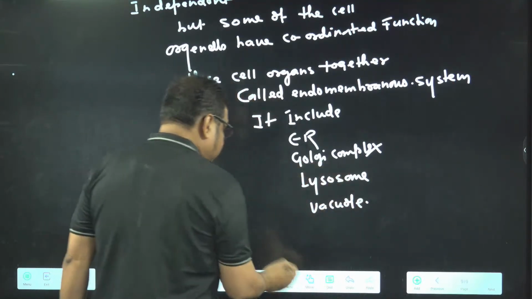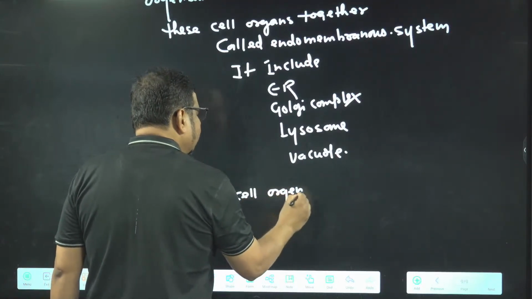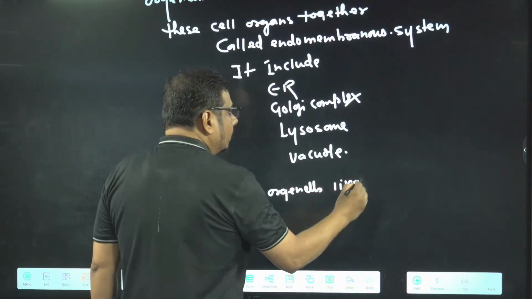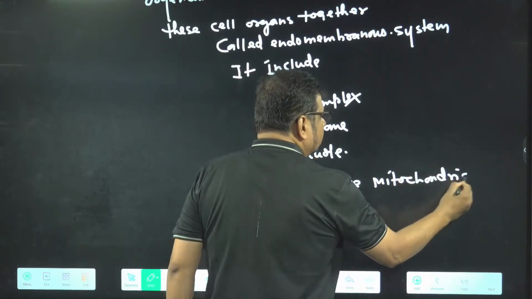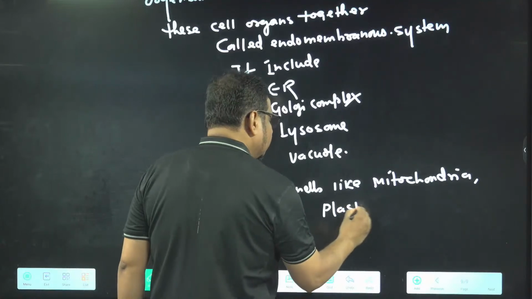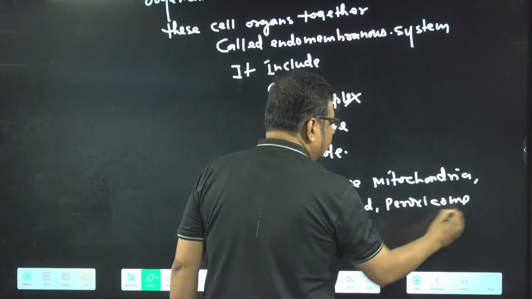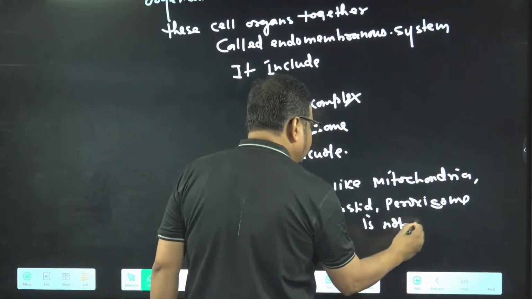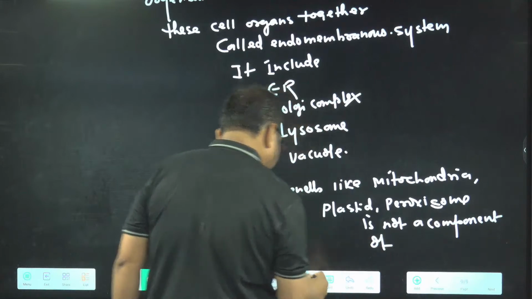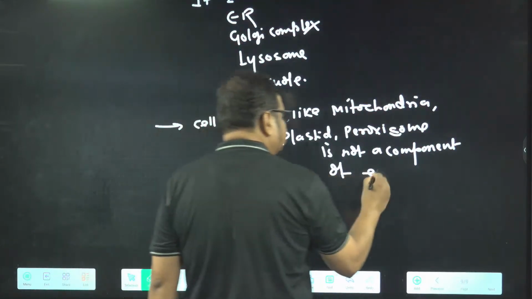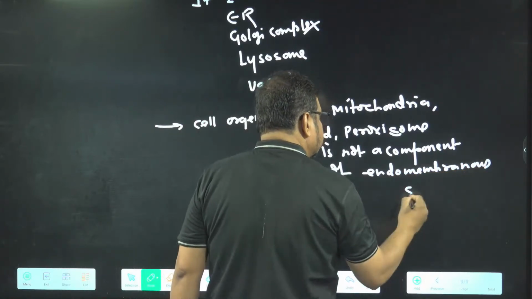Cell organelles like mitochondria, plastid, and peroxisome are not components of the endomembranous system.